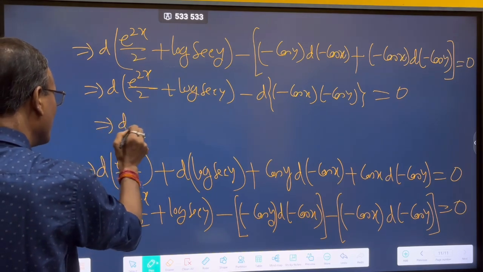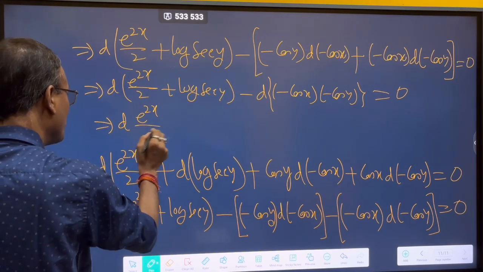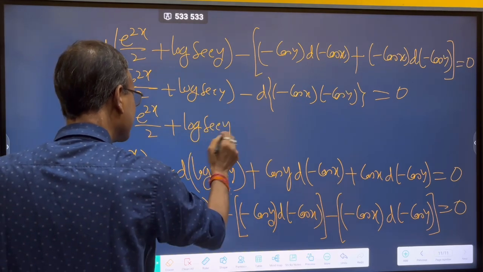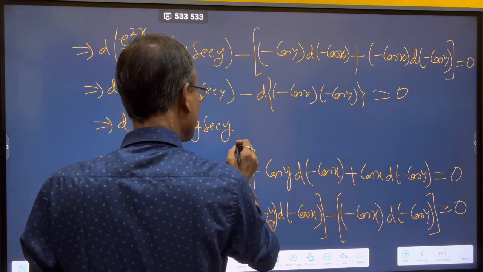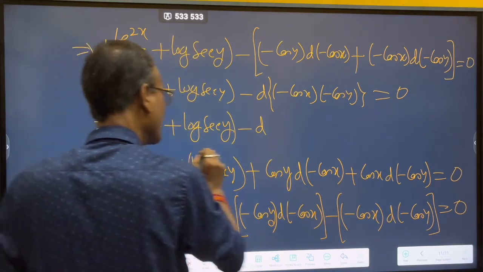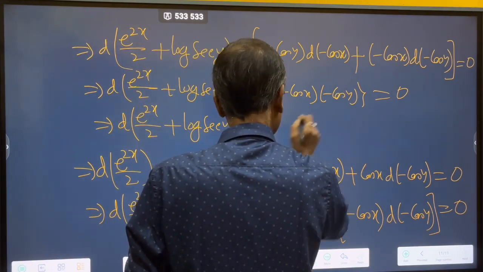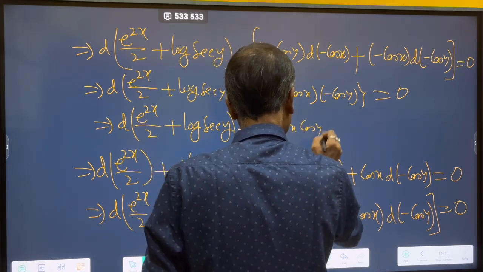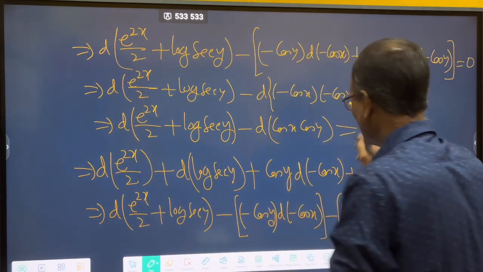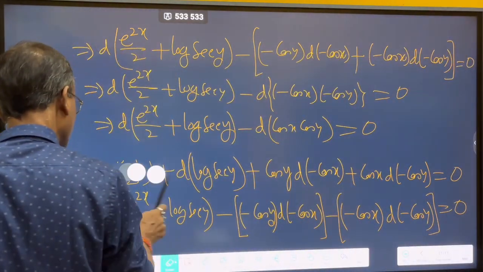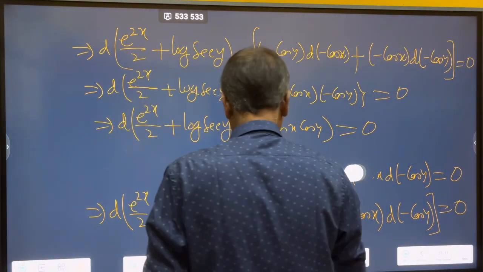This means d of e to the power 2x divided by 2 plus log of sec y minus d of, this is plus cos x cos y equal to 0.